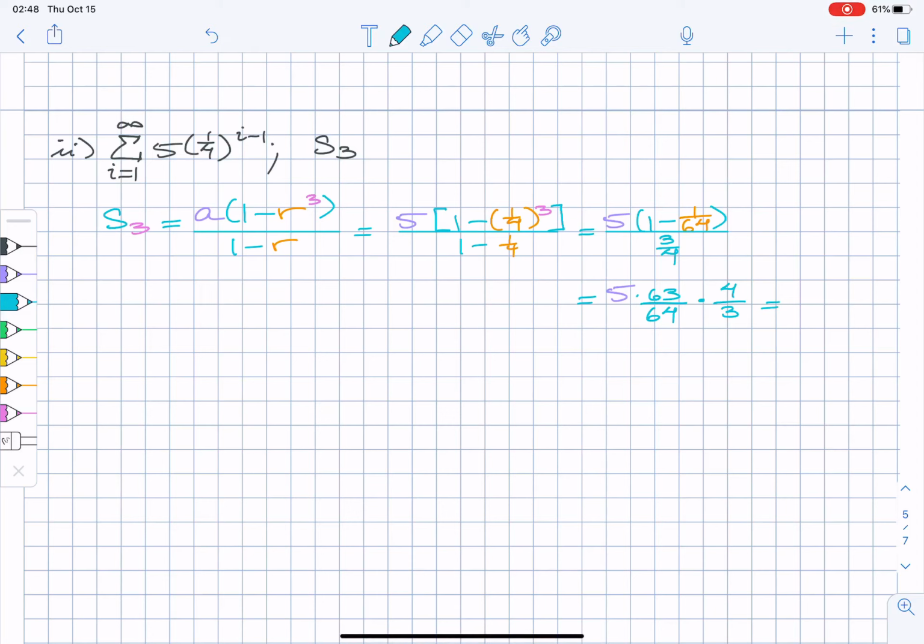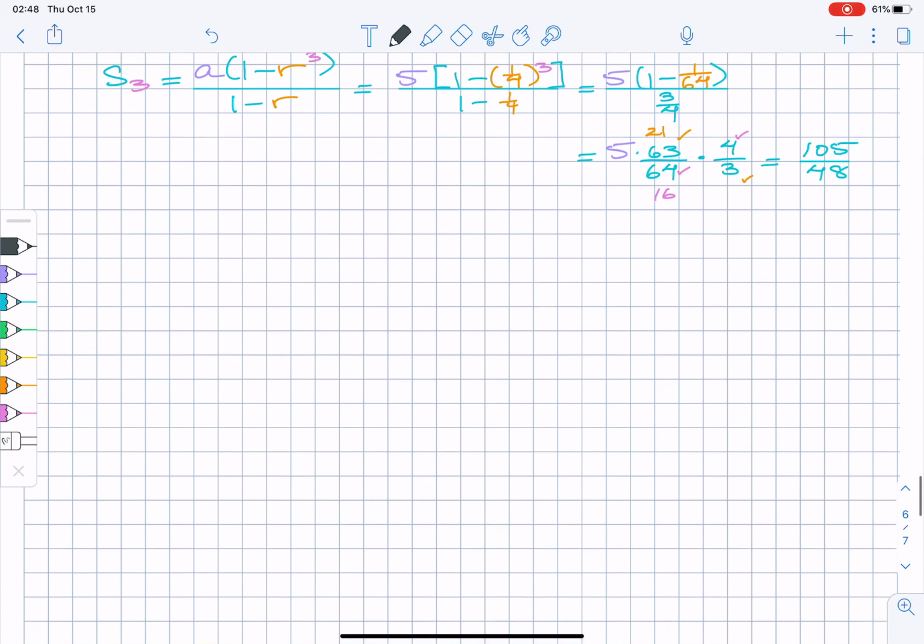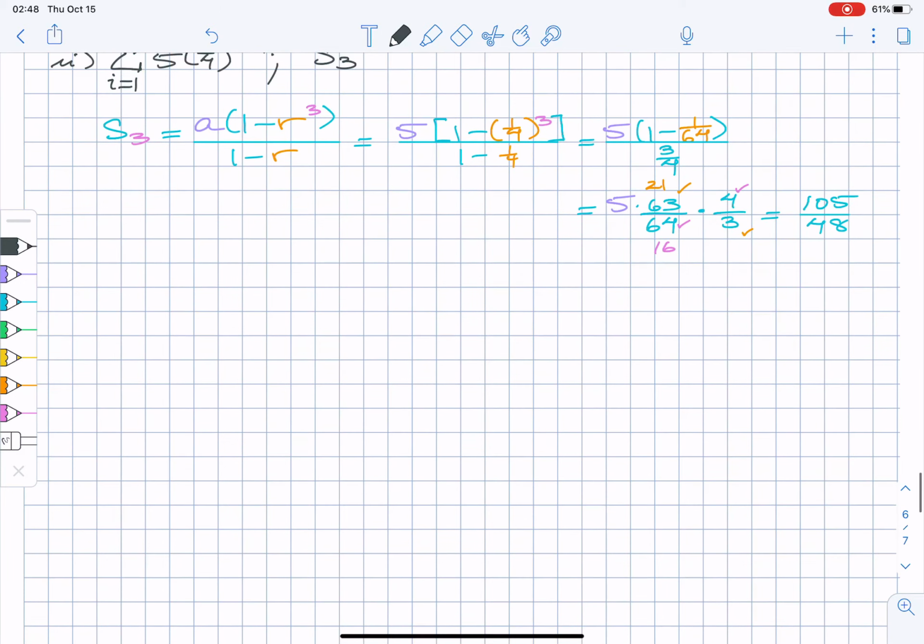Okay, so 4 goes into 64 16 times, and 3 goes into 63 21 times. So what do I have? I have 5 times 21, which is 105 in the numerator. Then I have 3 times 16, which is 48 in the denominator. So there we are.